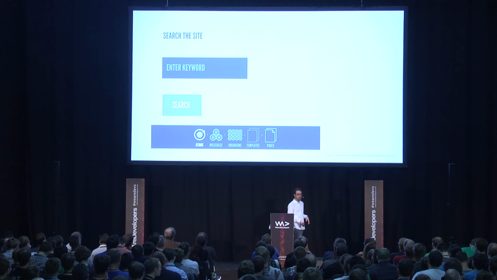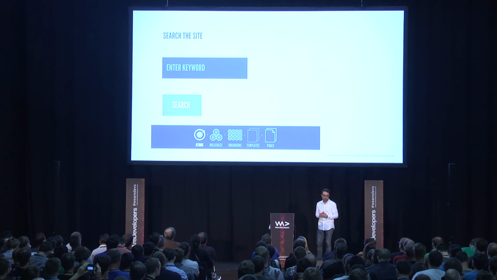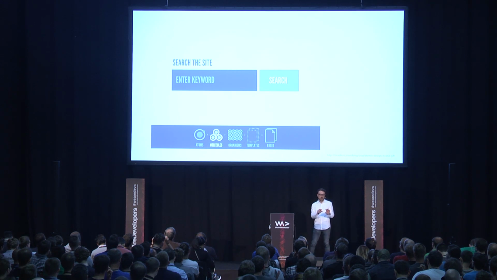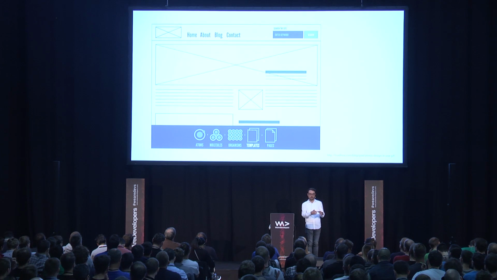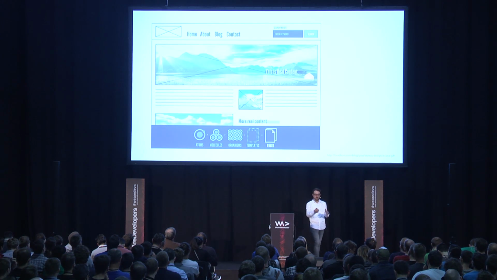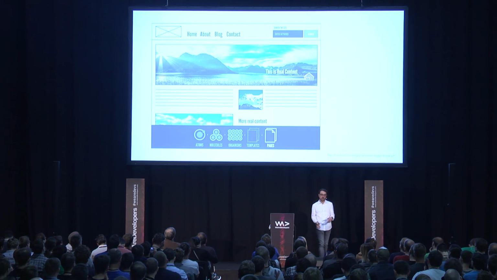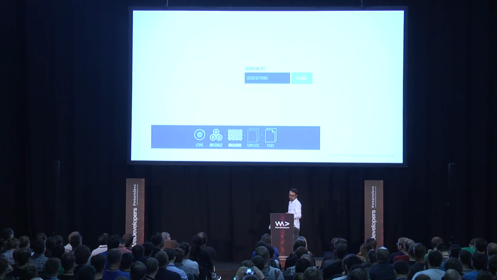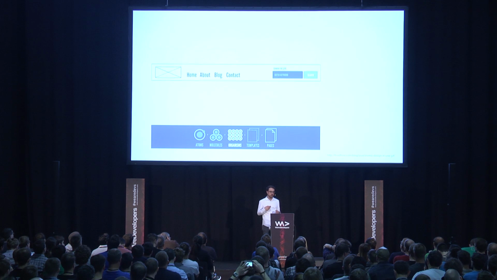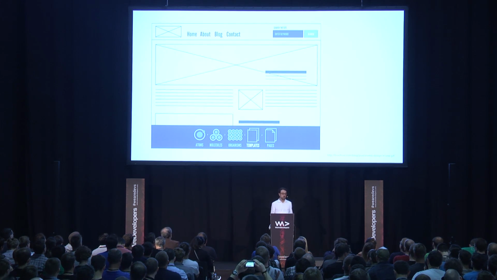You start with atoms, which in that case are, for example, the label, the input field, and the button. From that, you can create a molecule, which is the search field, which then goes into an organism, which is already kind of part of the site. Then you could create templates, which we skipped, and the pages are built out of those atoms, molecules, and organisms, which very much helps you to reuse code.